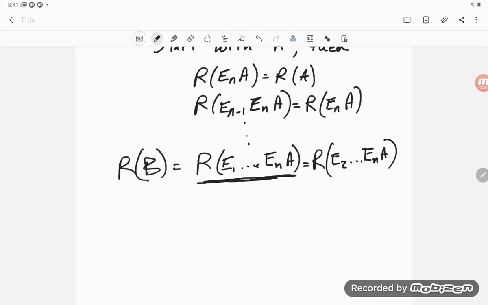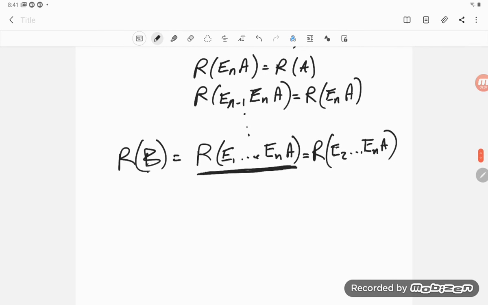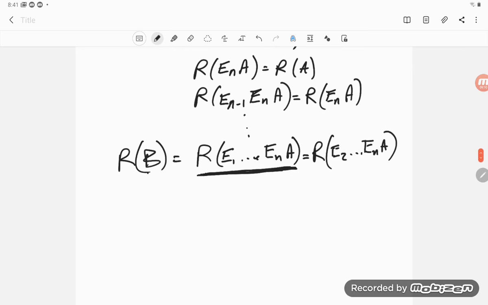So we've got the row space of B from here, but actually we had to do this as an iterative thing, a lot like induction. And I probably should use induction to really do a nice job of this. I think it makes sense that I could use an induction proof.